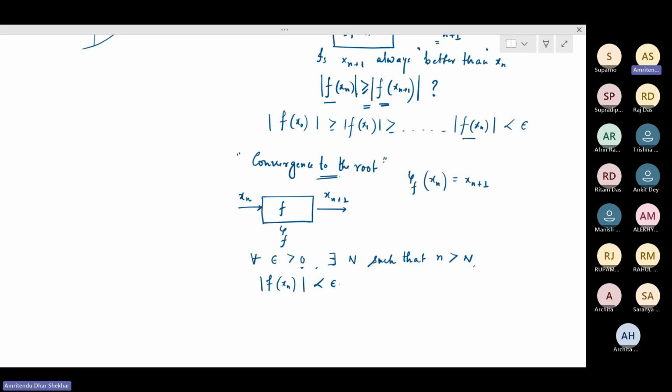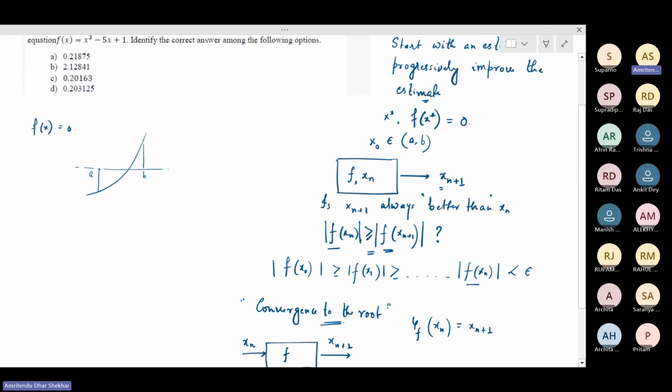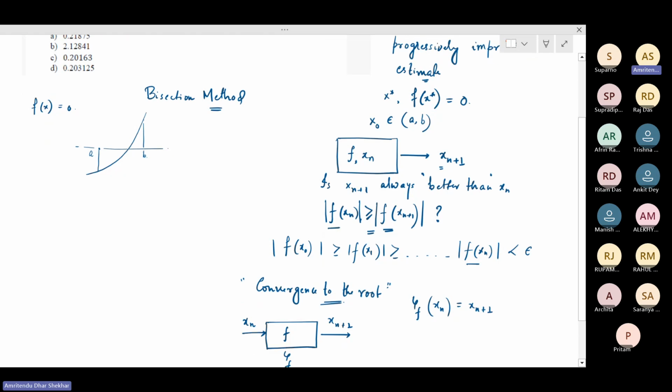All right. With this framework that we have, let us first look at the first method, which is called the bisection method. The bisection method basically works like this.